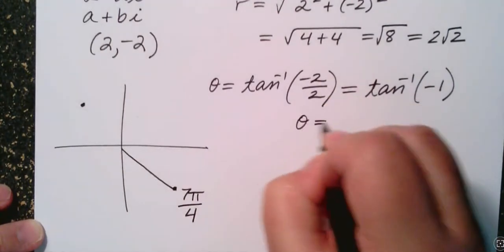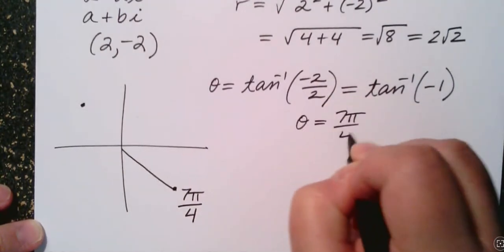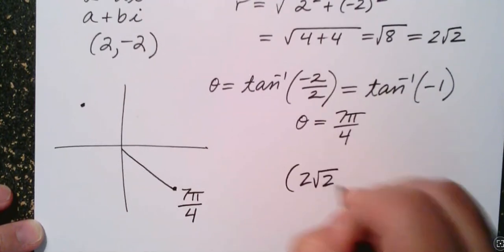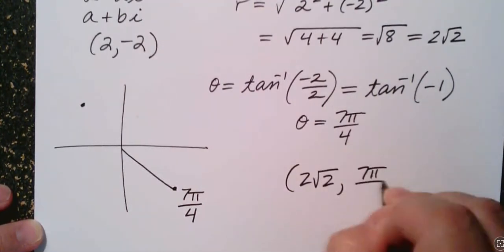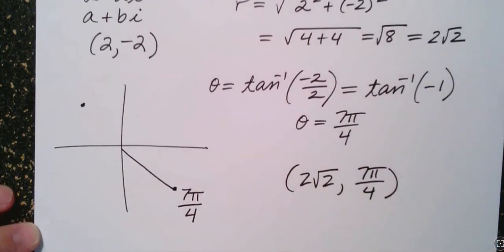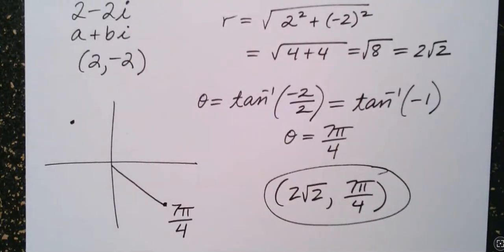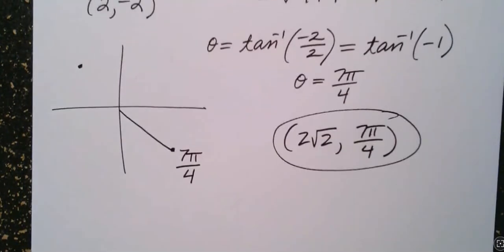So theta equals 7 pi over 4. So you do have to use the rectangular coordinates very frequently to figure out which of a couple of possible values would be the correct angle. So there's my answer in polar form. Let's try another one like that.